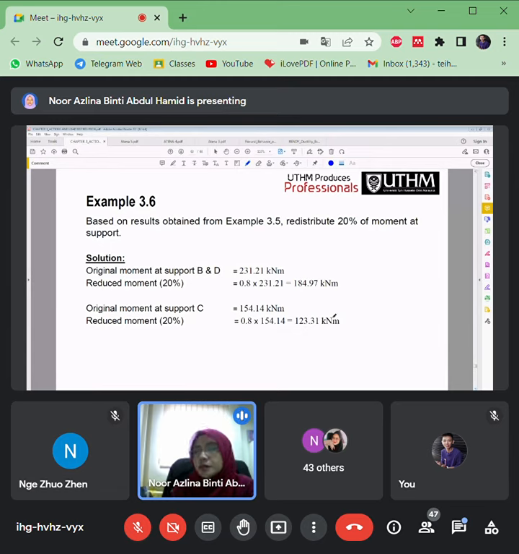This is an example here. If you look at the original, it is based on example 3.5, and you can refer back to the previous example. From the bending moment diagram, the original moment at support B and D is 231.21.